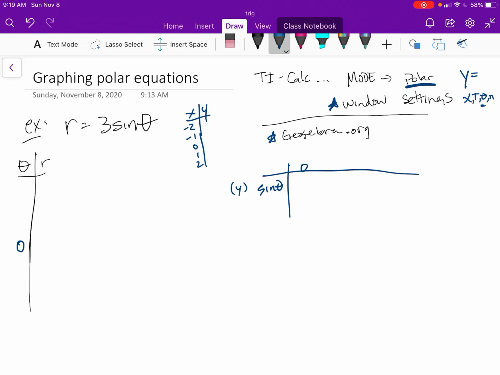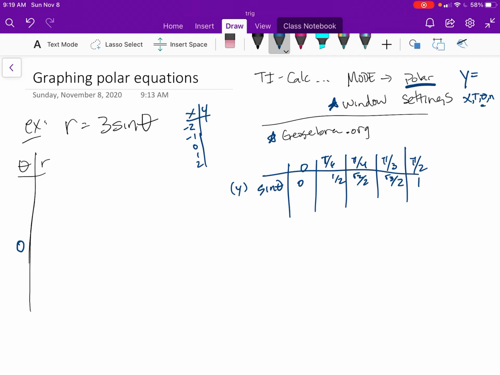Remember, sine is the y. So 0, and then pi over 6, pi over 4, pi over 3, pi over 2. And then from there, remember, outside that first quadrant, they just switch values to negative.